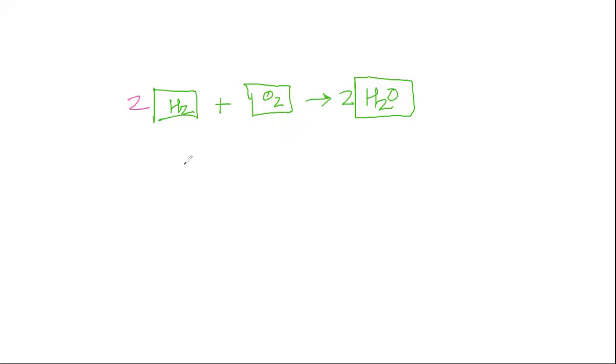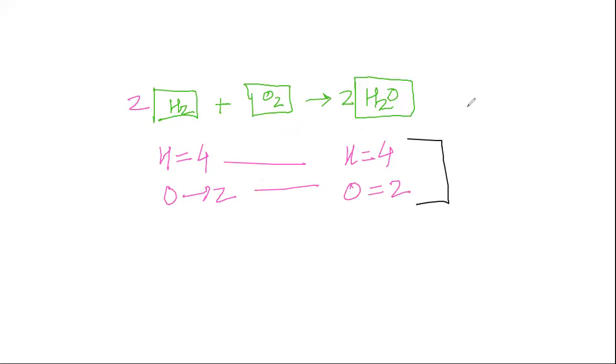So let us write it this way. Now let us check it out. Hydrogen is 4, oxygen is 2. Here hydrogen is equal to 4 and oxygen is equal to 2. So now both the hydrogens and oxygens are the same, and this is our balanced equation. So we can say atoms are balanced on both sides.